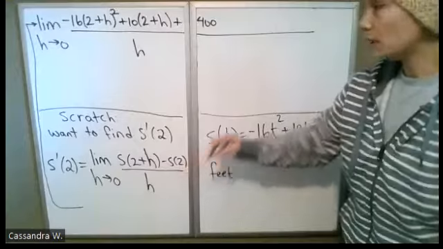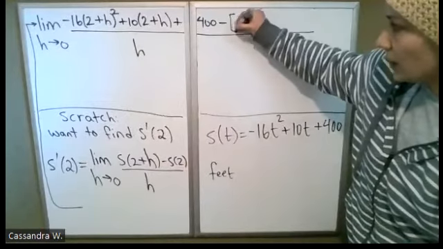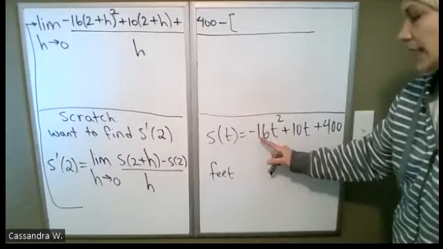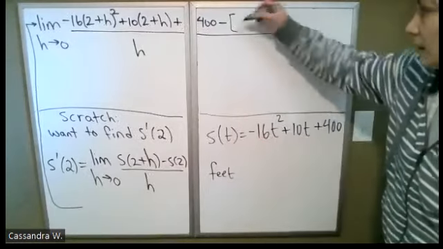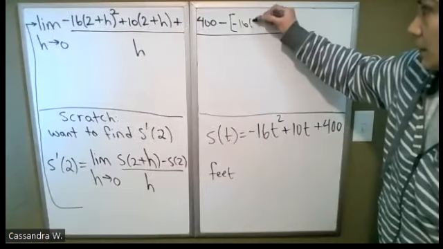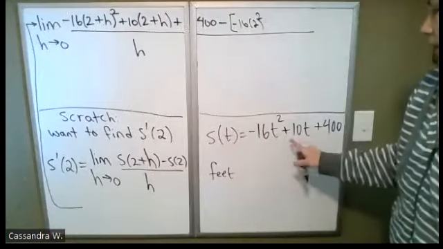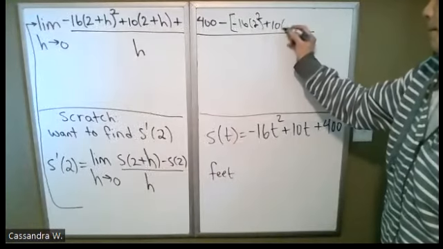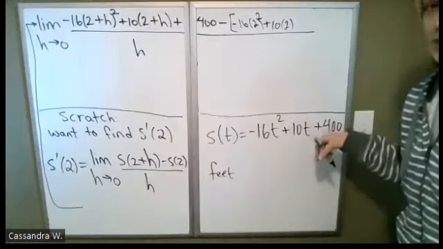Subtract s of 2. So I'm going to subtract and then put all of that in here. Put 2 through the function to get negative 16 times 2 squared, and 10 times 2. Okay. And then plus 400.